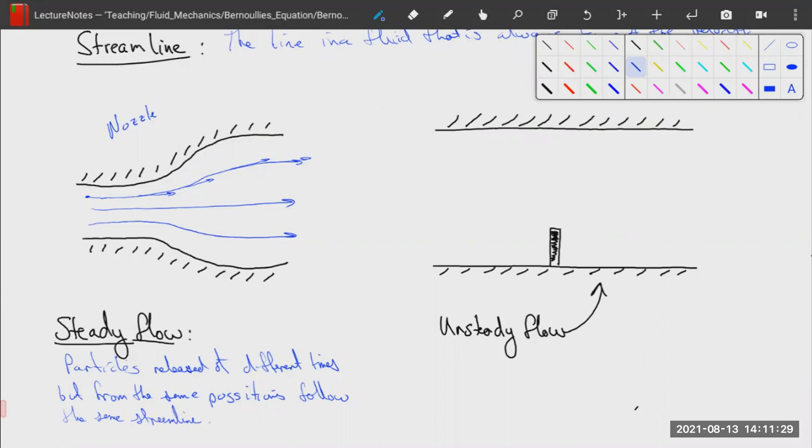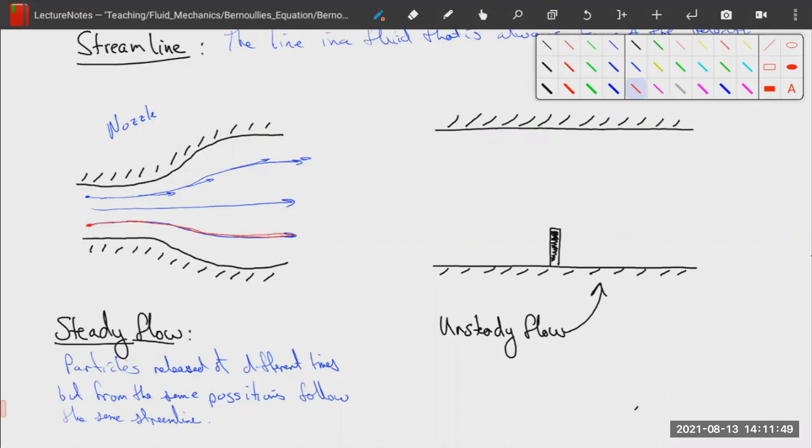So if we release a particle from here, that particle is going to follow this path, just like that. And then if at a later time we release another particle from there, it will follow the same path. And that's how we know that it is steady flow.